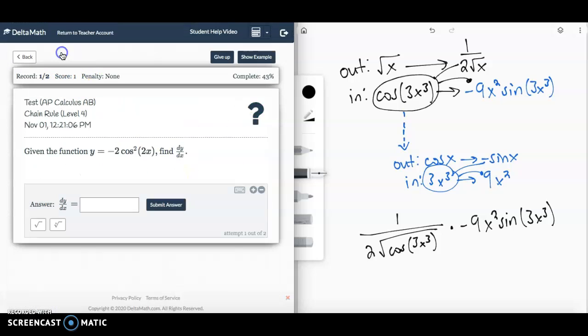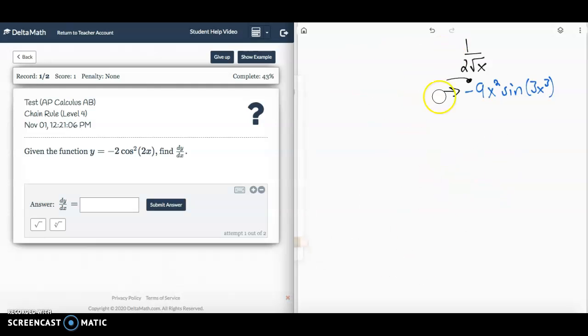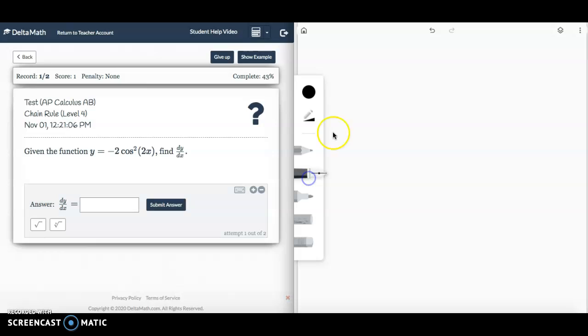Alright, let's try one more of those. So this one, we have outer function negative 2 cosine. Oh wait, tricky, tricky, tricky.